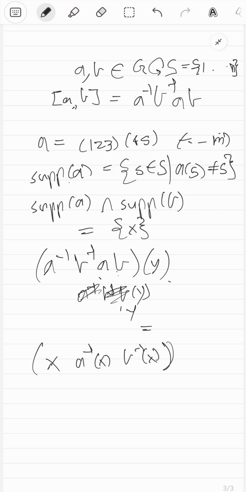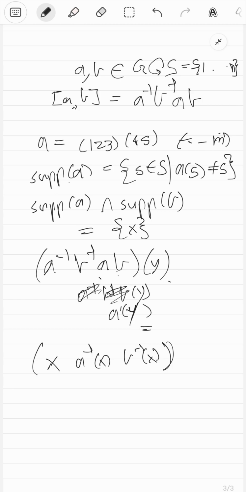Well, if it is not in the support of b, then you just get y and then a of y. So a of y could be just y if it's not in the support of a, and then after that we know what's going to happen. It's just going to be y itself. But we want the more interesting case where it is in the support of a.